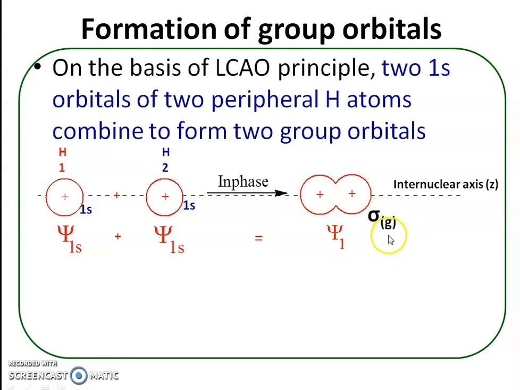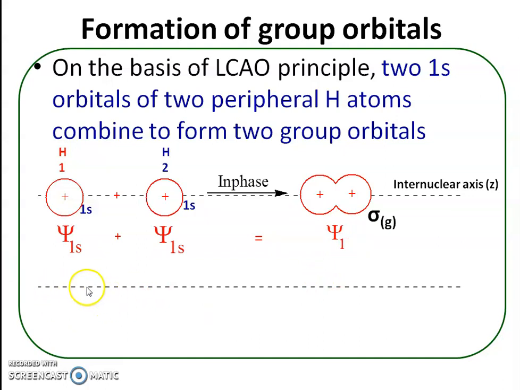And what is g? G is gerade. This group orbital has a center of inversion. When the two lobes are inverted, we get the same type of group orbital, and therefore this is gerade. Gerade indicates an orbital having a center of inversion or center of symmetry. So this is the group orbital, and it is labeled as psi 1.